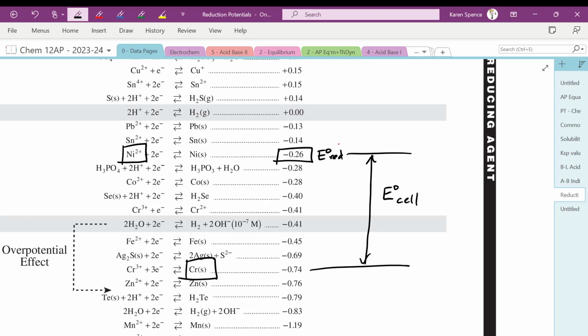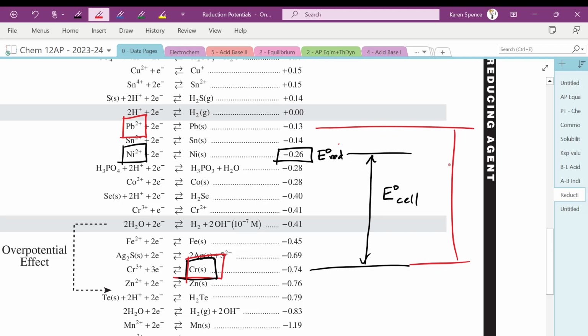But let's just pick another one here. Let's say instead of using nickel, I used lead with the chromium. Which one would give me a larger E0 cell? Lead, okay? Because you can see the difference is much bigger. So that's what we're doing when we're calculating the potential of the cell.